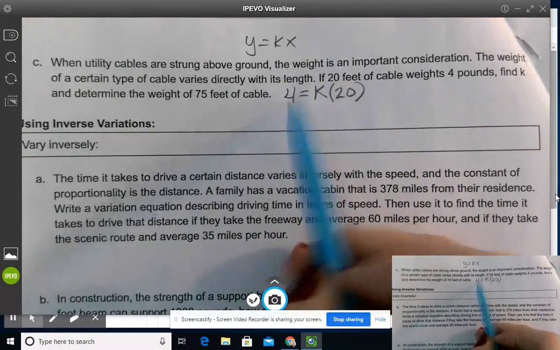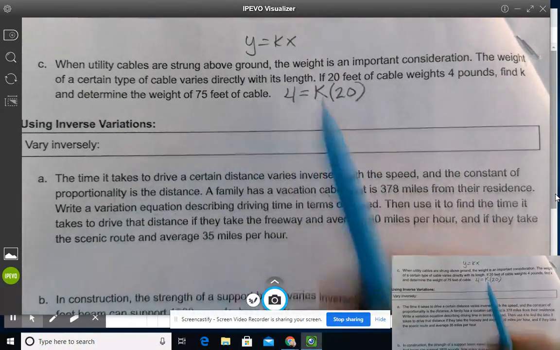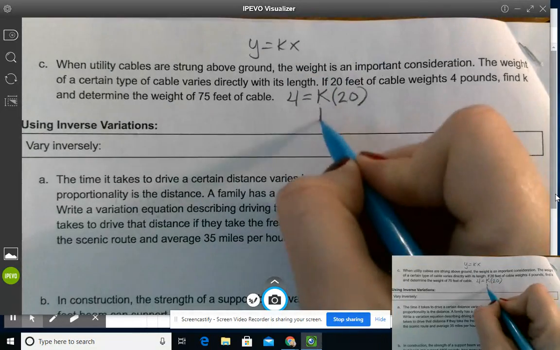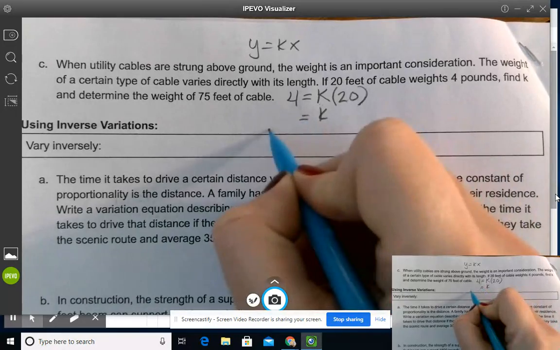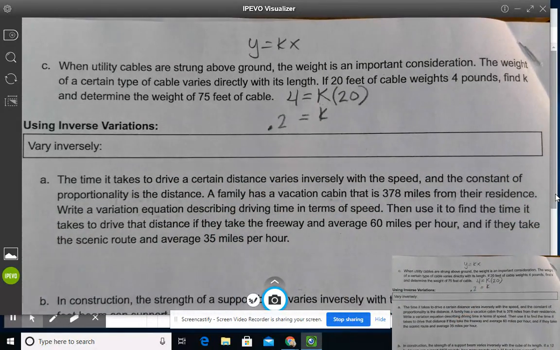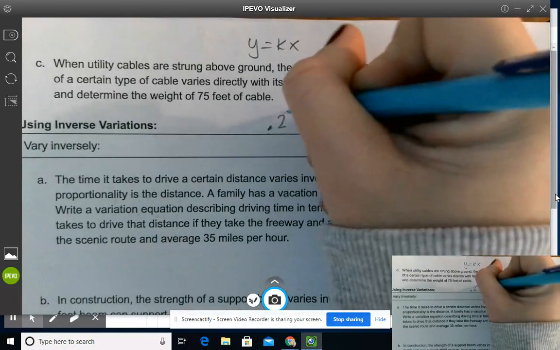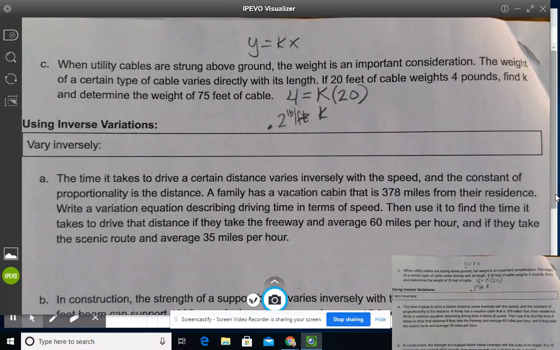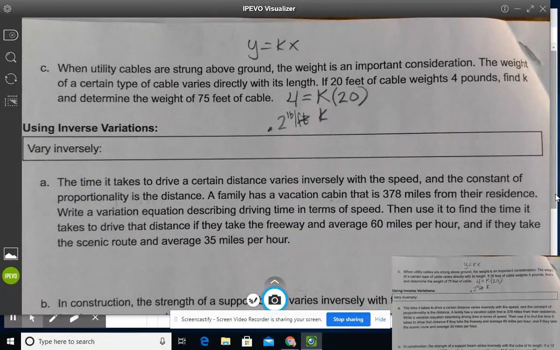So 4 is your total, 20 is what you're looking at, and you're trying to solve for what that direct variation has to be in order for this to be equal. So if I take 4 divided by 20 to solve for this, you're going to get 0.2, and you just figured that in pounds per foot. So it's 0.2 pounds per foot.